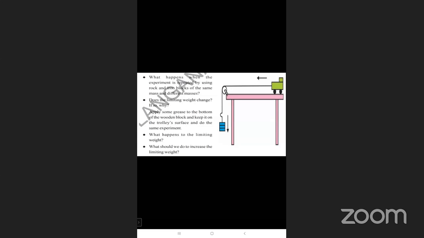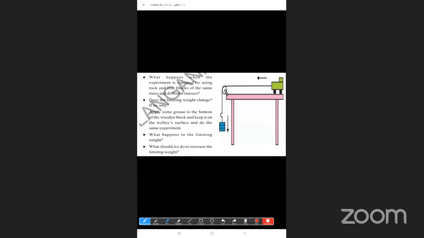So they move slowly with adding of the weights. So here, does the limiting weight change? If so, why? Yes, here the limiting weight changes due to the change in the sliding friction of the object and surface.